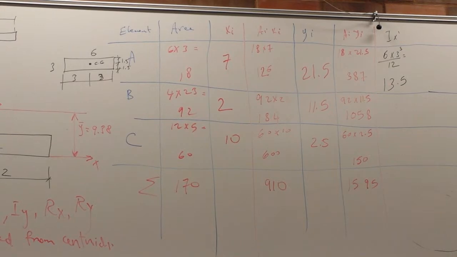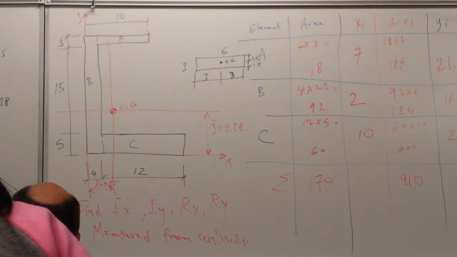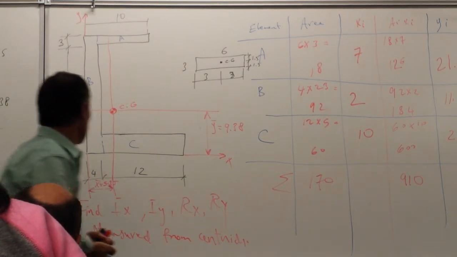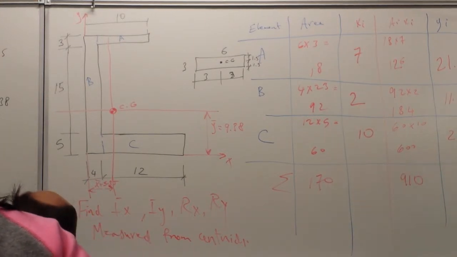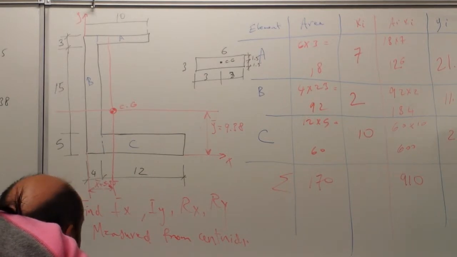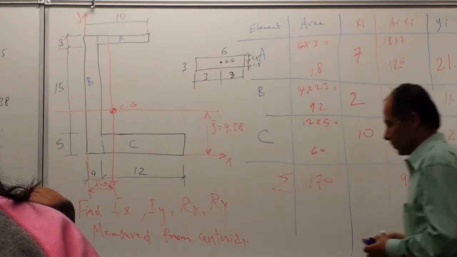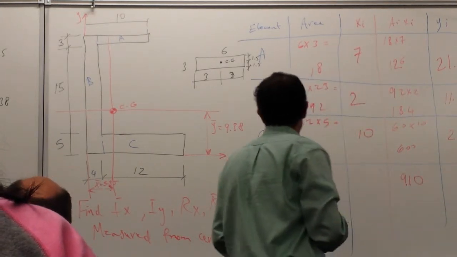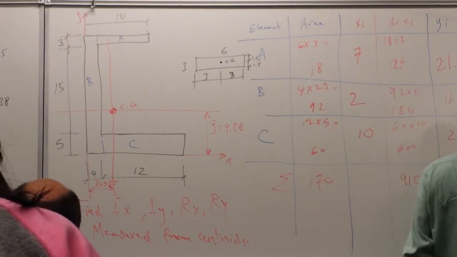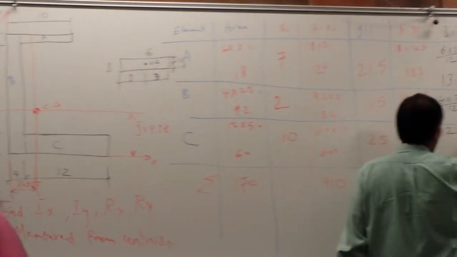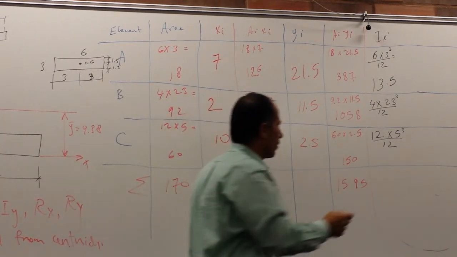Let's look at the second one, element B. The base is 4 and the height is 23, cubed over 12. Really big number. The last one, the base is 12, and the height 5, cubed over 12: 125.